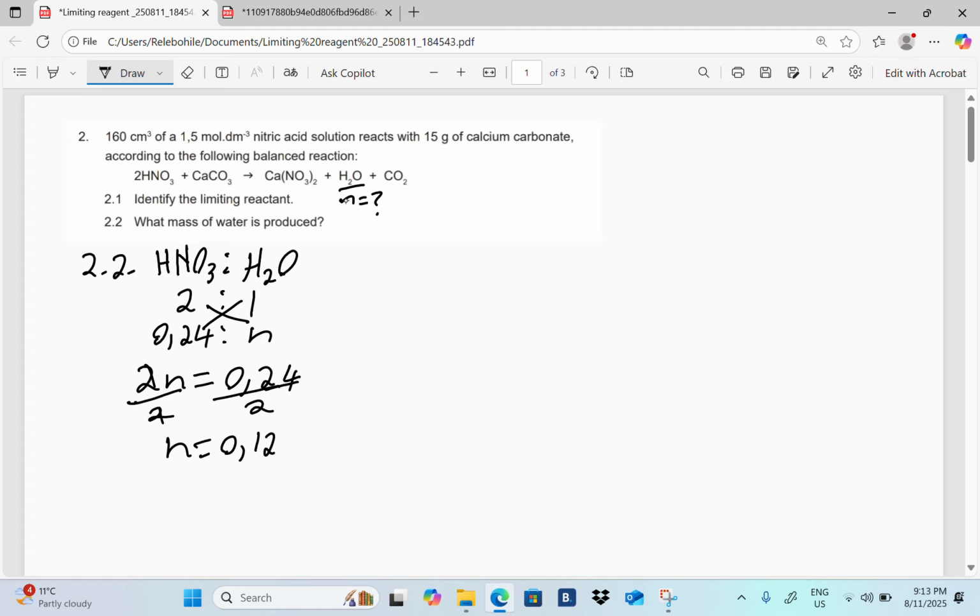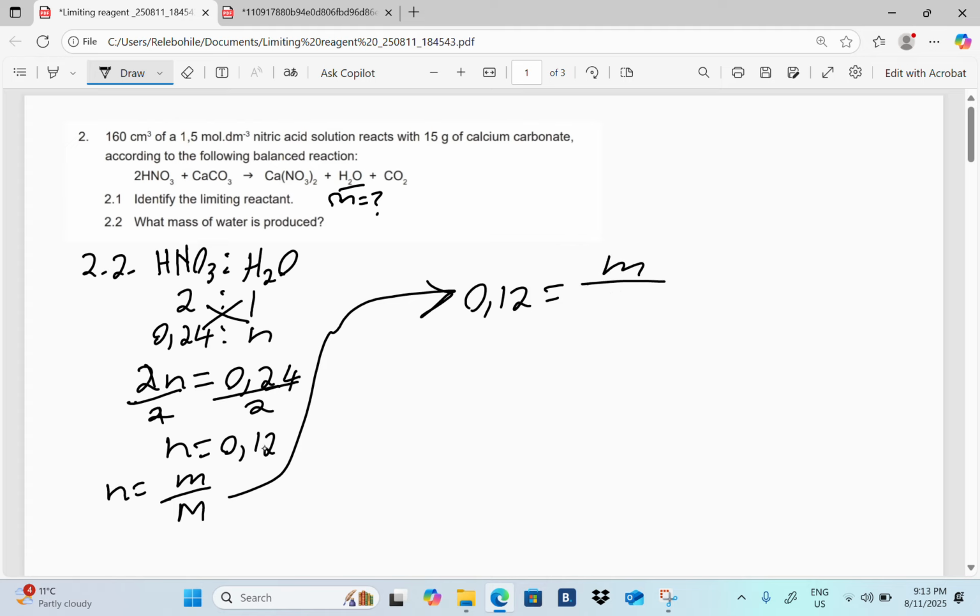In this case, the original problem says I must find its mass. For me to find its mass, the formula we'll use is n equals small m over big M. My n in this case is 0.12, equal to m, which is what I'm looking for, the mass of water, divided by the molar mass of water.